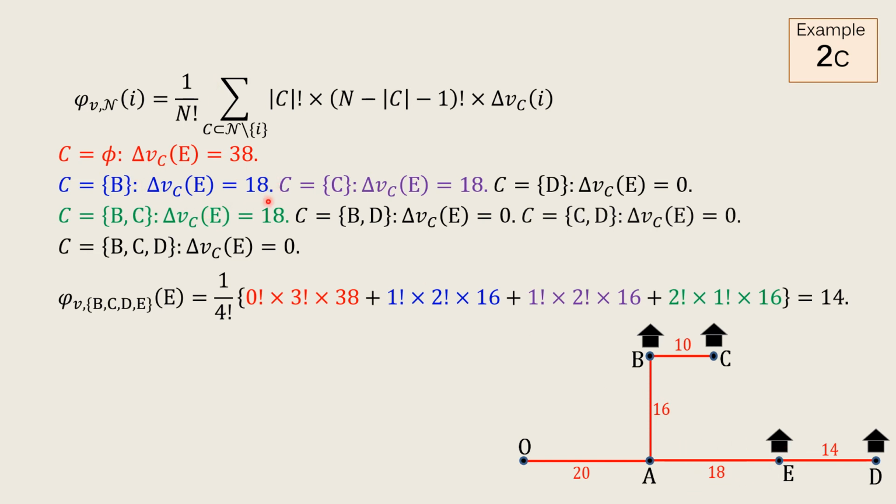So the marginal contribution of E is 18. Likewise, for each of these other coalitions, I have shown the marginal contributions. The non-zero marginal contributions are colored red, blue, purple, and green for clarity, and the Shapley value works out to be 14, as in the previous 2 cases.